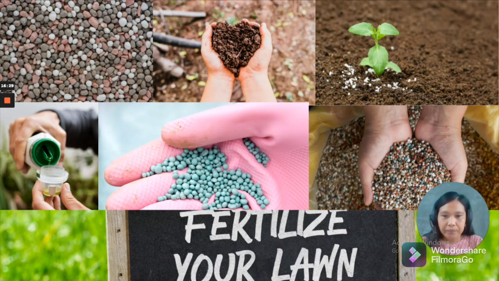Okay, so with this, class, different kinds of fertilizers, different colors, is an indicator of the chemical that it carries. Because usually there are experiments we did when we were younger that we cannot forget.